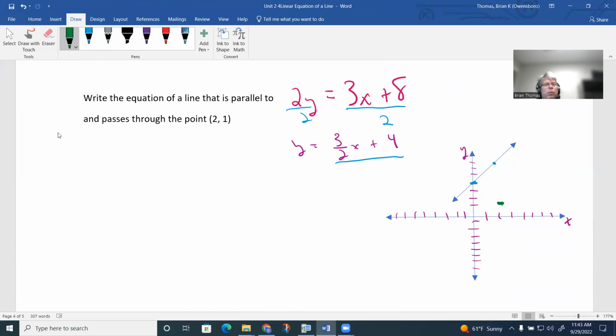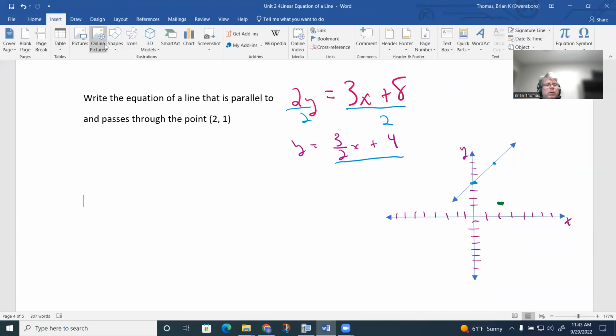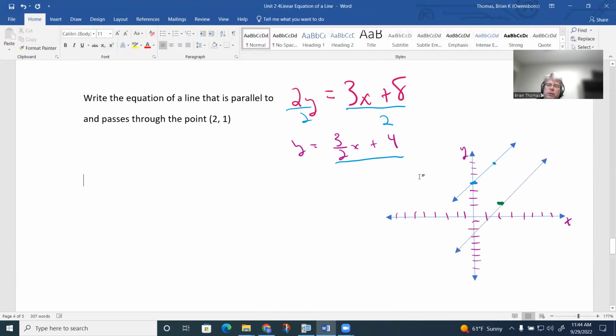And we want a line that's parallel to that, so it's got to run in the same direction. So we're looking for a line that kind of does this here, passes through that point, and it's parallel to the given line. The given line we can call L1. What we're looking for is the equation of this line right here.